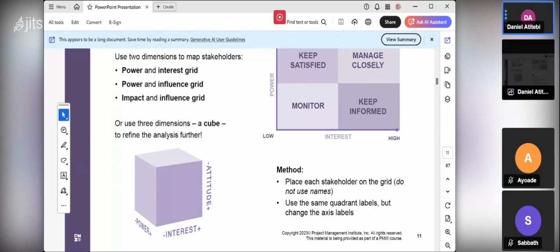Do not use their name, because if you place a stakeholder here who has low power, low interest, the person will understand that you think I don't have power, I don't have interest, you classified me in that area. So you don't need to put their name. In your own personal record, you can put their name so that you know how to relate with them. Use the same quadrant label, but change the axis label. That's one of those things.